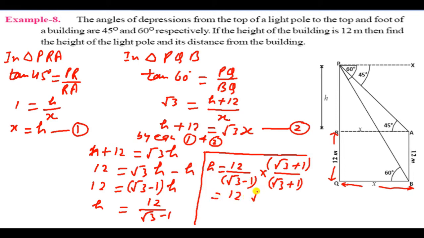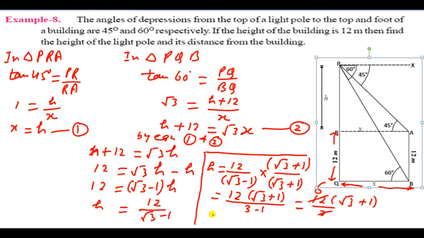It is 12 into root 3 plus 1, and here is 3 minus 1, and it becomes 2. So 12 root 3 plus 1 divided by 2, 2 sixes are 12. So we get 6 into root 3 plus 1 meter. So that is your answer.